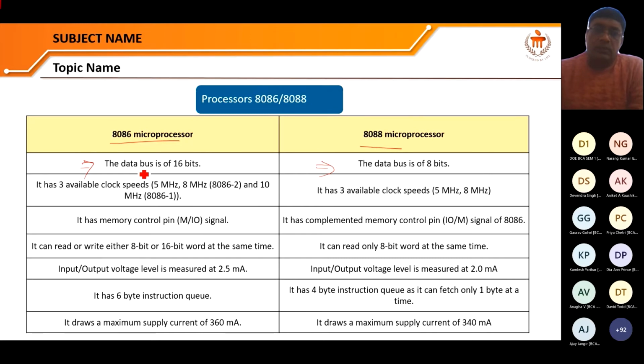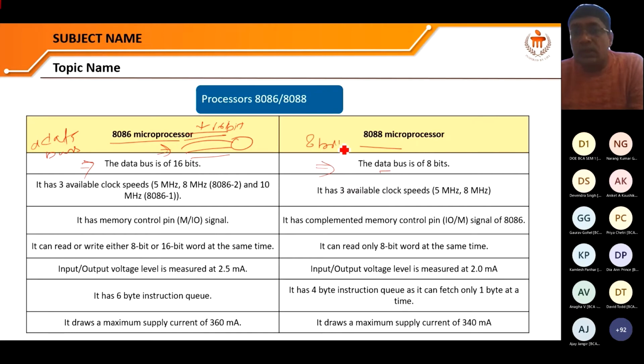If we have 16-bit, it means we have more lines, so we can transfer 16-bit data in one go from one device to another device, and here we can transfer 8-bit data. So we can understand 8086 is faster than 8088 because of its bit width, because of its transfer speed.